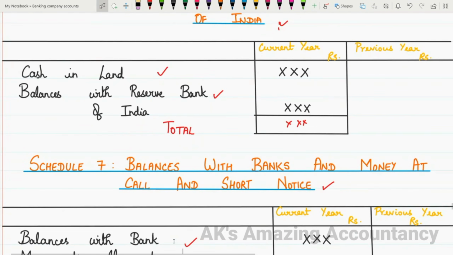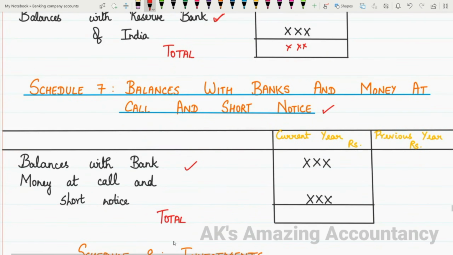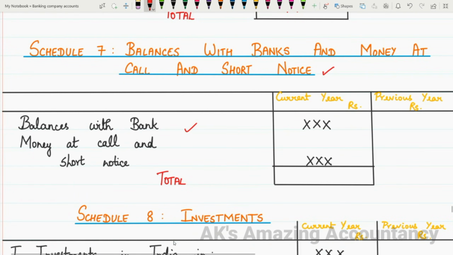Just see here under schedule 6, you had balance with Reserve Bank of India. Under schedule 7, balances with other banks other than RBI will come. And then if you have any money at call and short notice given in the problem, that again will come under schedule 7. Then you will have to find out the total, which will be the total of schedule 7.